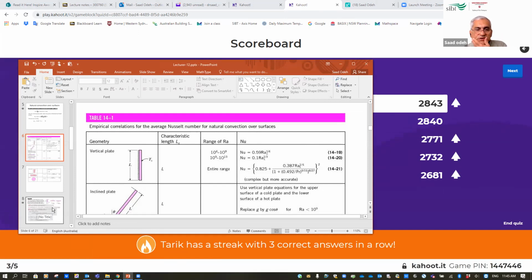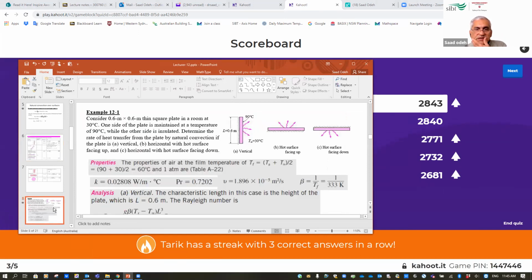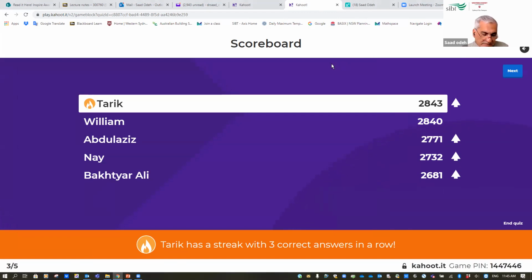the heat transfer coefficient. Based on the definition of heat transfer coefficient, Nu is equal to H times L divided by K. So we have all the values, we need to find H. From this equation, we can find H because now we know the Nusselt number.